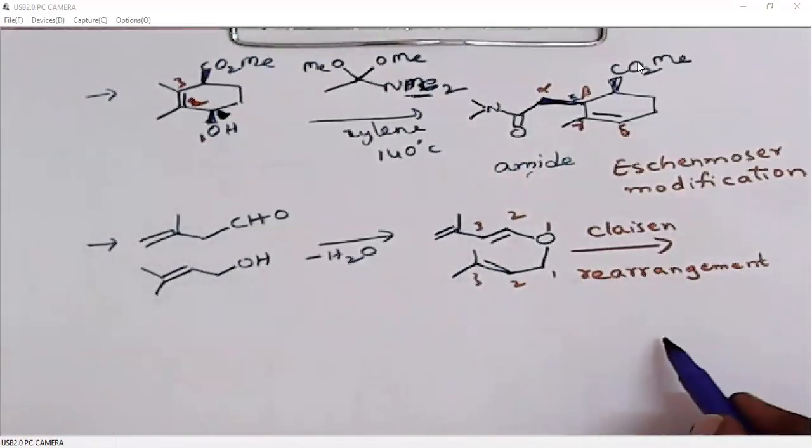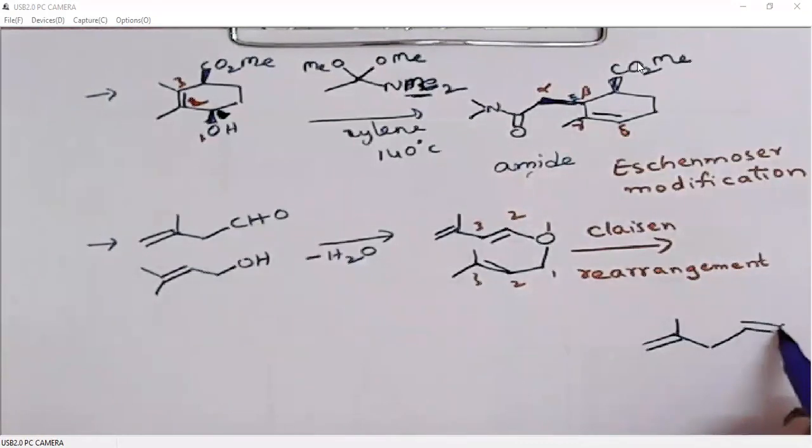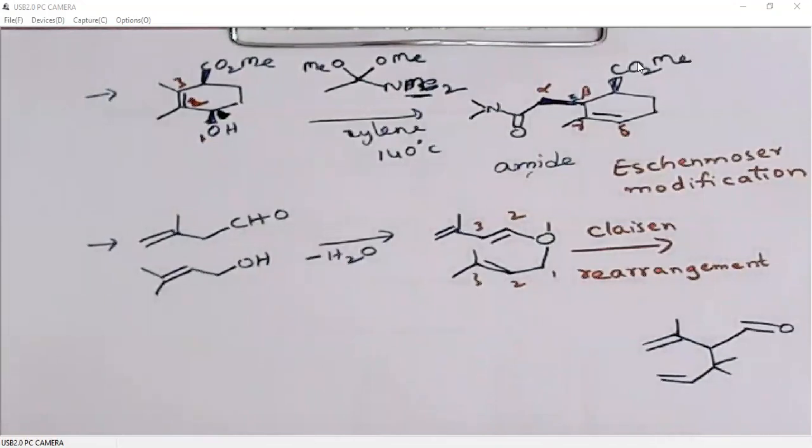Now the product here is, I'm directly giving the rearranged product. I'm not writing it. Okay, I have rearranged it. Right. Again, it undergoes Cope rearrangement, because it is a good substrate. See, 1, 2, 3, 1, 2, 3.